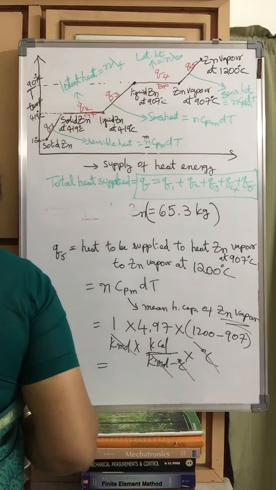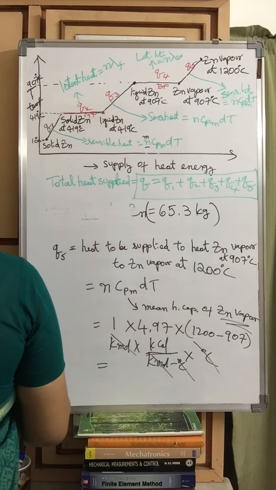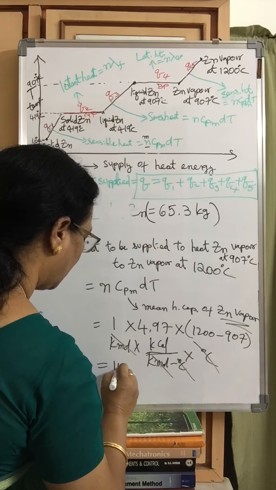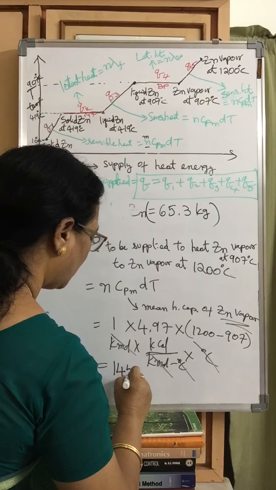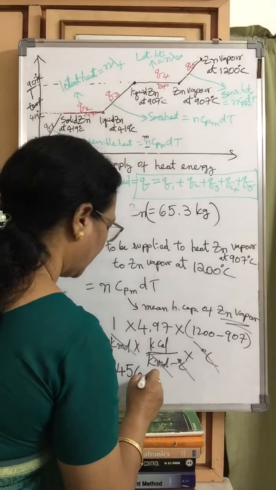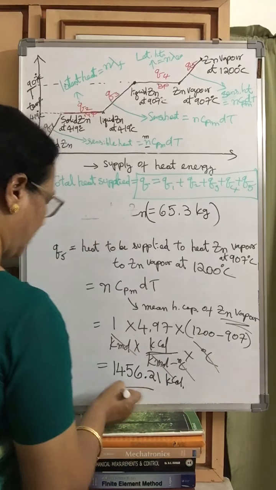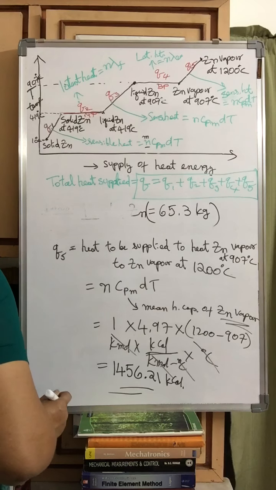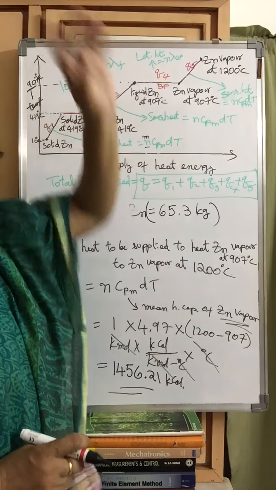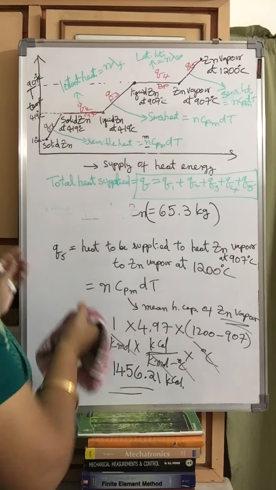So this value is 1456.21 kilocalories. Okay. So now we have calculated Q5. So all the Qs we have calculated.